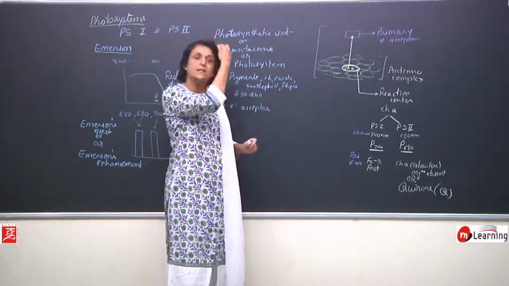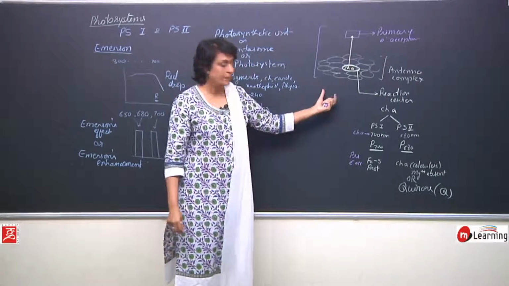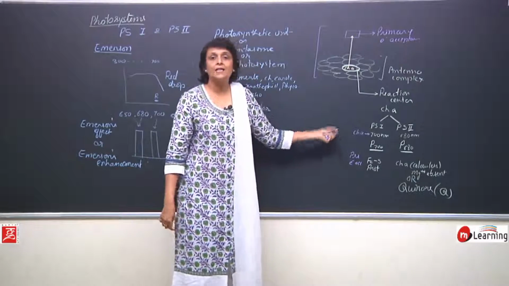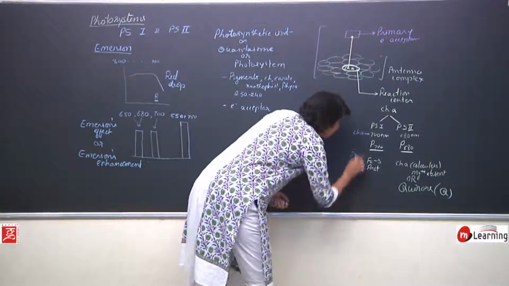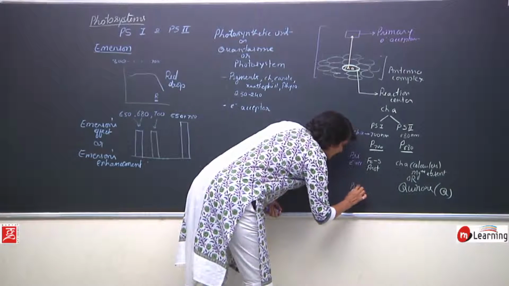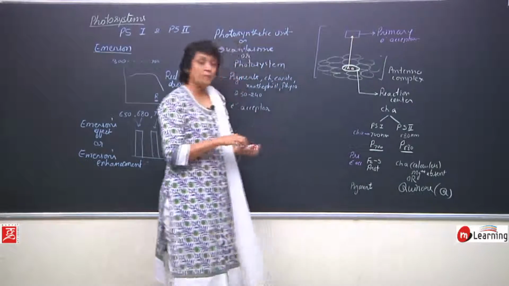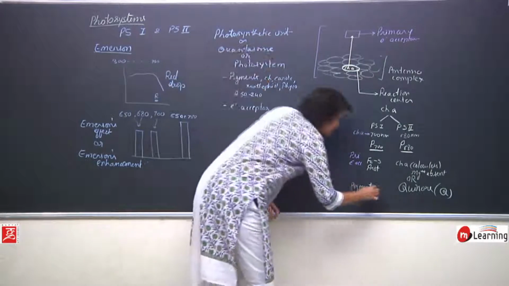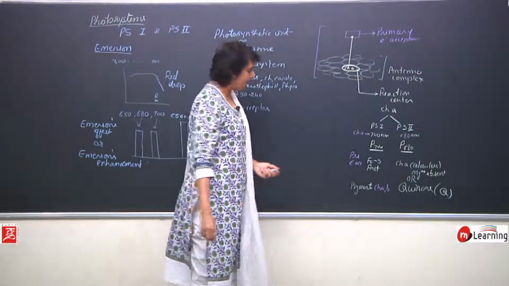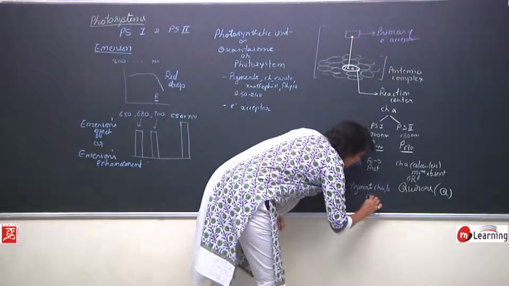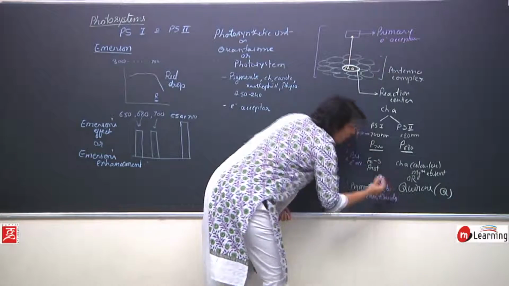One more difference is the pigments which are present in this cluster. PS1 has more of carotenoids. So, the pigments which are there other than this main one, in case of PS1, it has chlorophyll A, chlorophyll B plus mainly carotenoids.